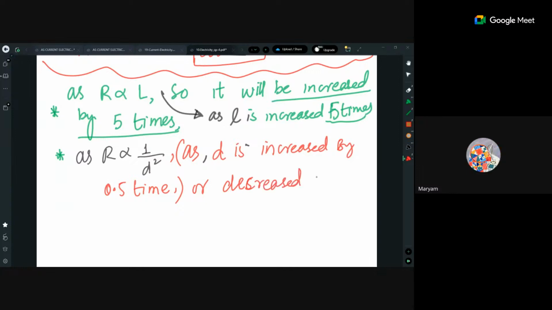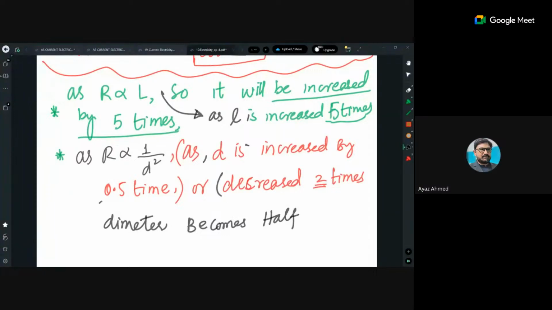So how is it decreased 2 times? It becomes half. Either way you can write diameter becomes half. I get the point that it is increased by 0.5, but how is it decreased by 2?